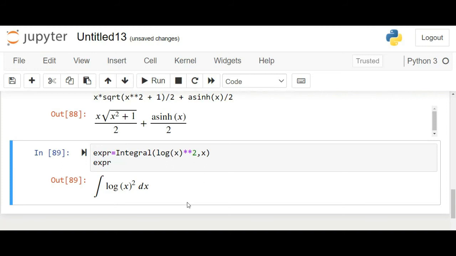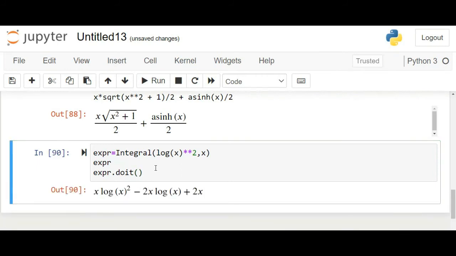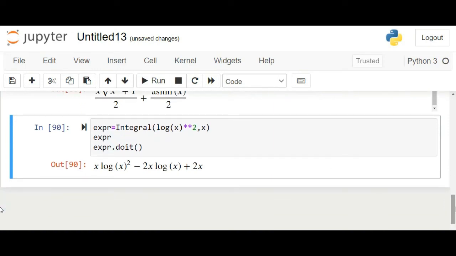And suppose we write over here expr dot doit, inside the parenthesis we shall not write anything, then its integration will be just like this, okay.